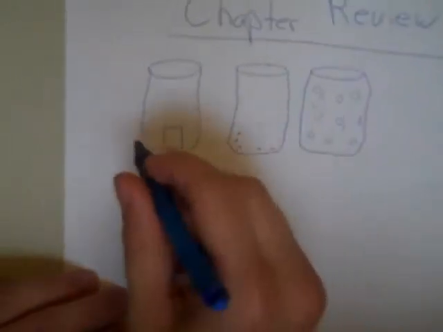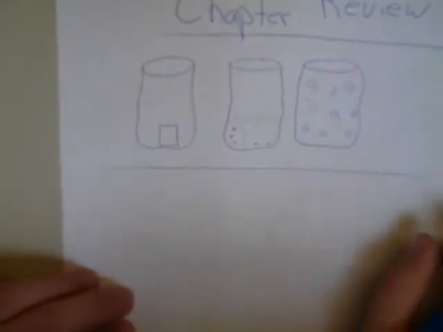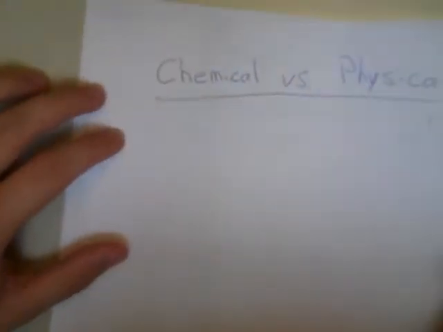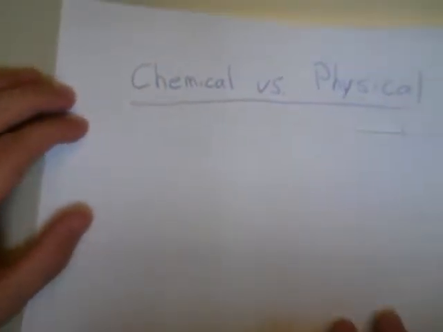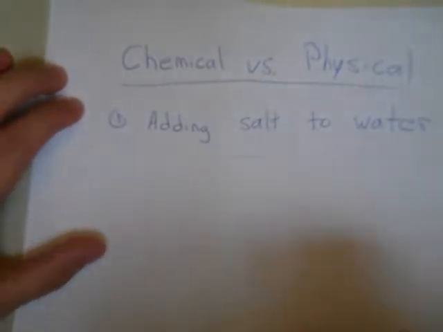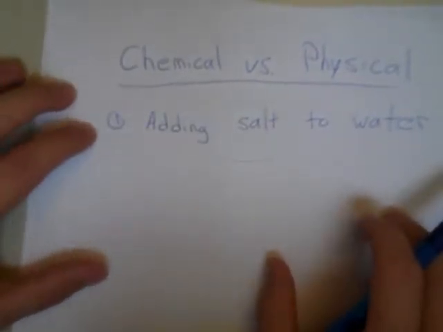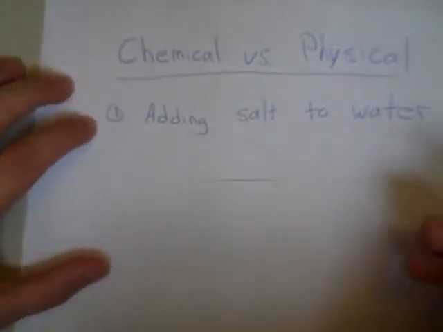Alright, moving on, we're going to go for chemical versus physical change. So what I have is 3 examples. Our first one's going to be adding salt to water, which you've done in class before.